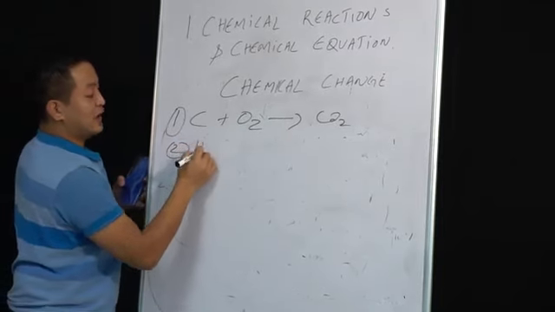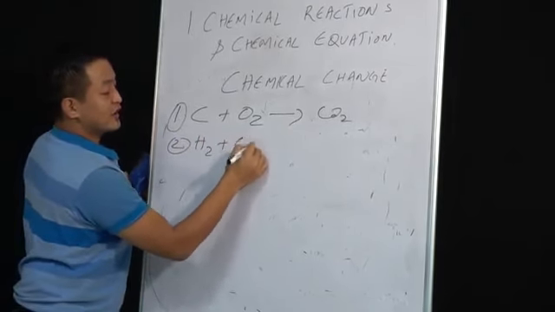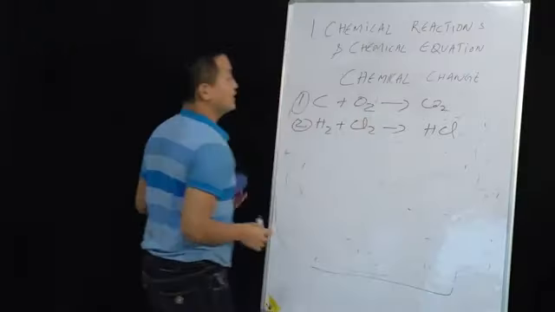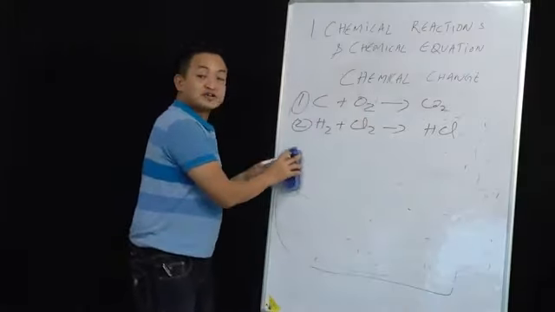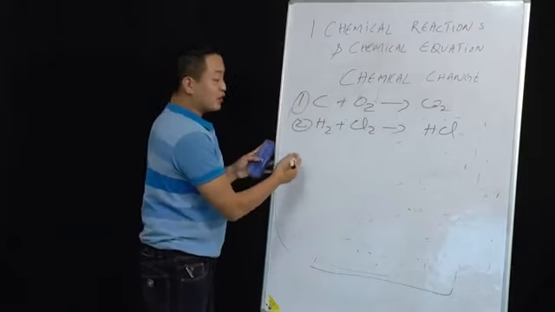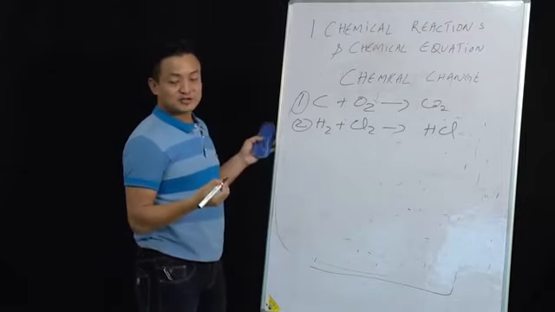Second, hydrogen and chlorine, which give hydrochloric acid. So I have 2 equations here, and our topic right now is how to balance a chemical equation.